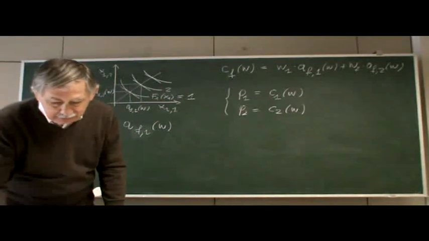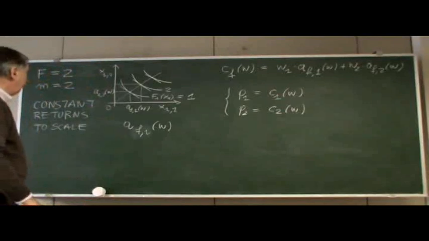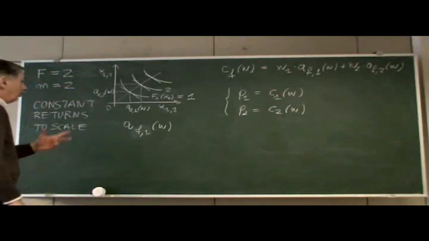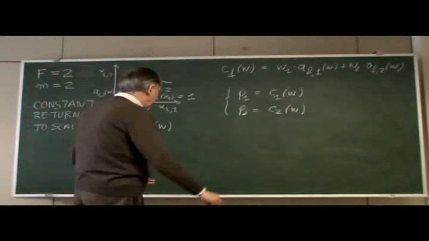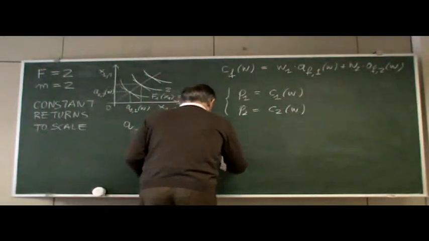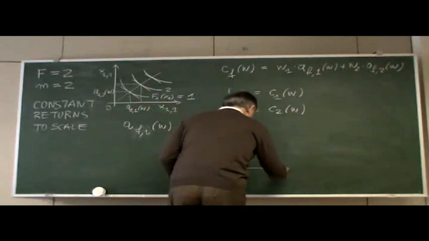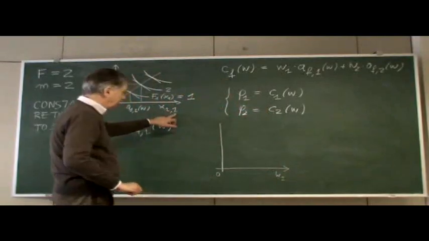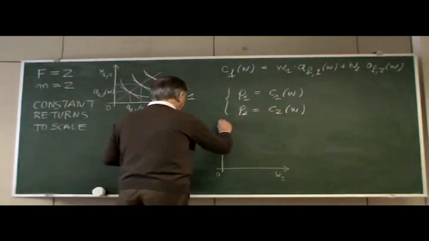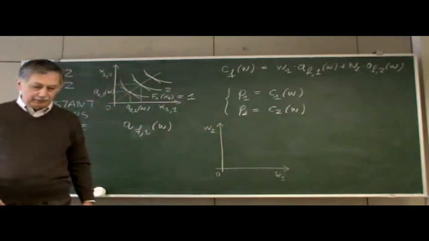Let us represent the situation of one firm, for example, the first firm, in an alternative way. Put on the axis of the second graphic not the quantities of factors, but their prices, W1 and W2.